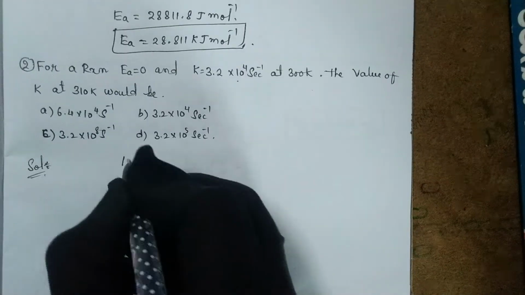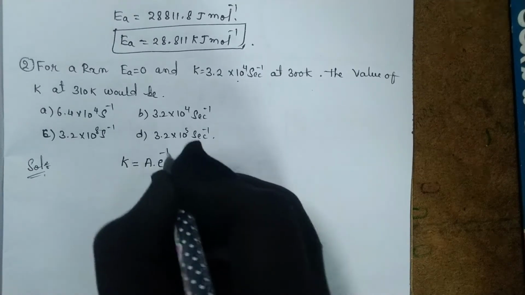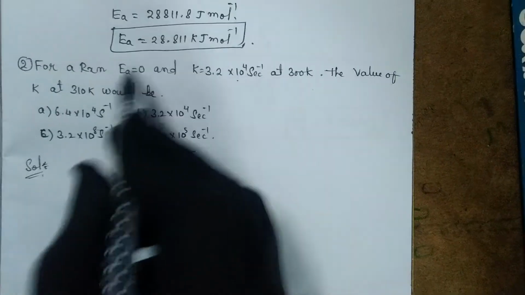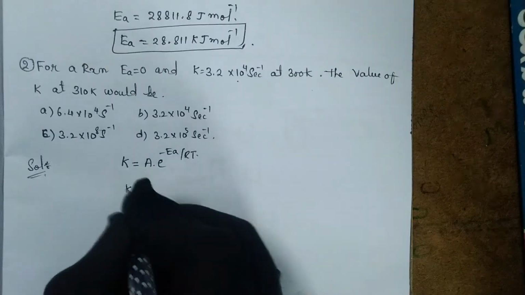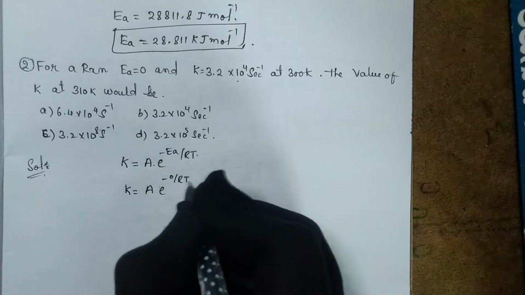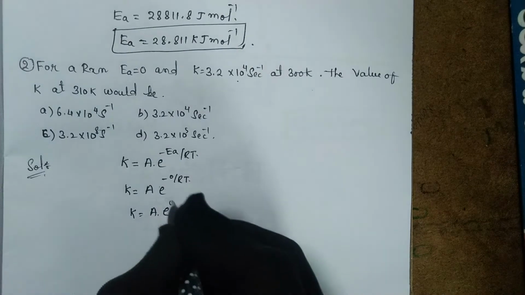We have the Arrhenius equation, K is equal to A into e power minus EA by RT. In the question EA is equal to 0, so let us substitute minus 0 by RT, and 0 by something means 0 only.